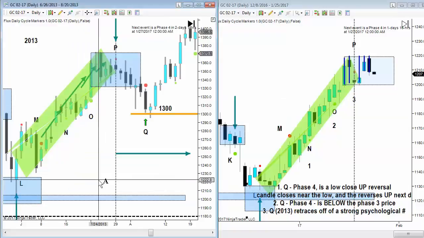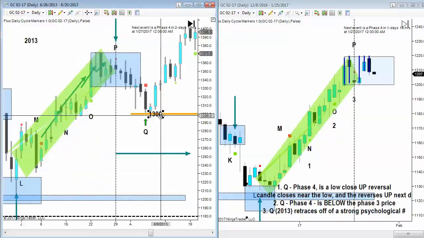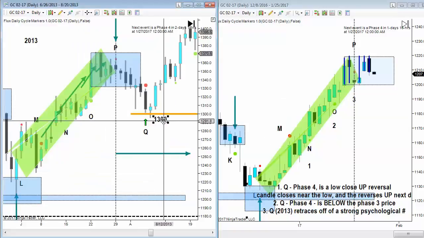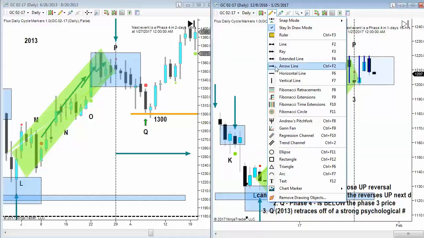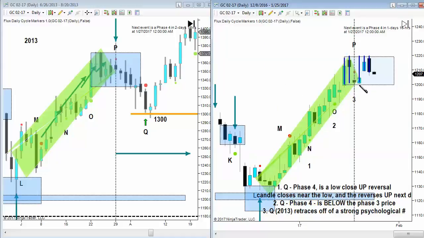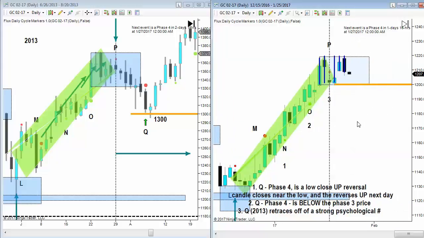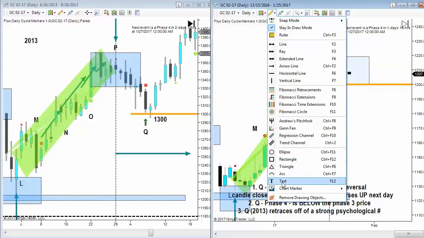That's 1300. So it retraces a Q to 1300 and then goes up. Anybody see where we're retracing to now in the present iteration of the pattern in 2017? It's 1200.